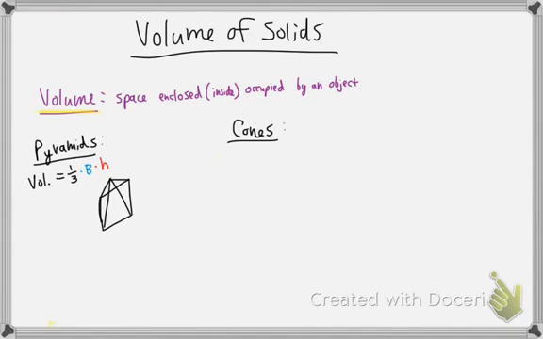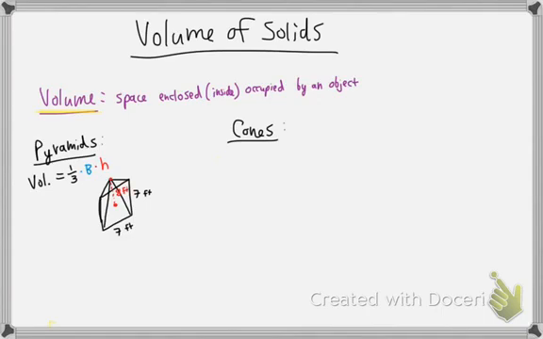So let's say I had these numbers. I'm going to put 7 feet here, 7 feet over here, and for this part, from the tip up here down to the middle, I'm going to say that's 8 feet. Okay.